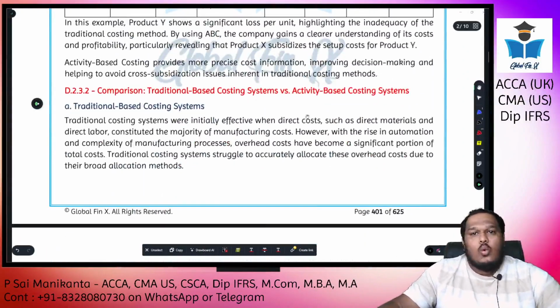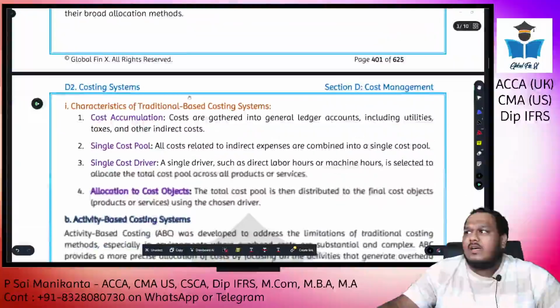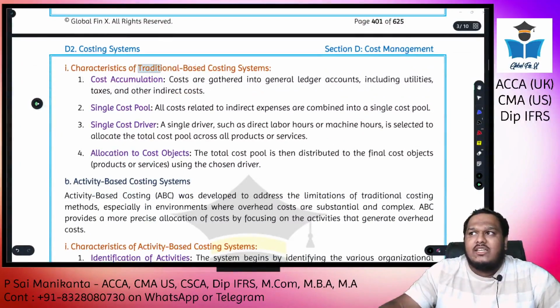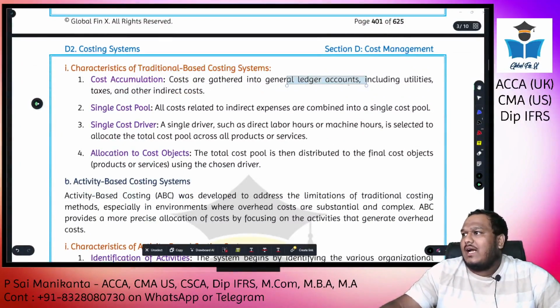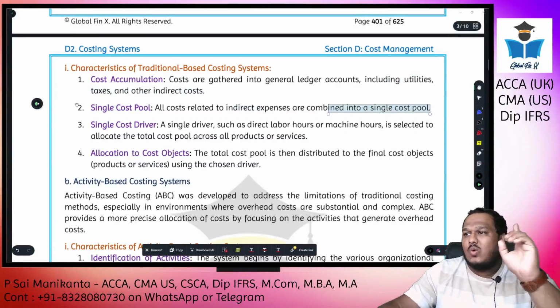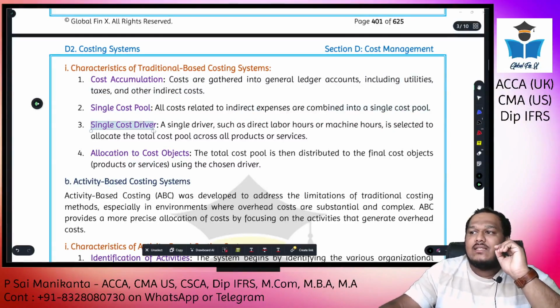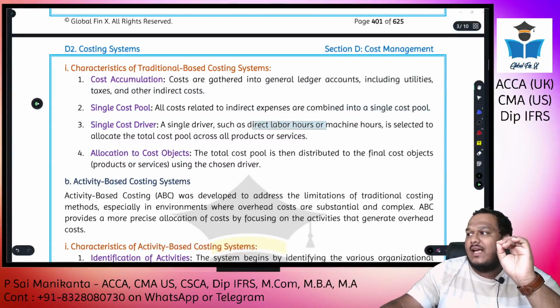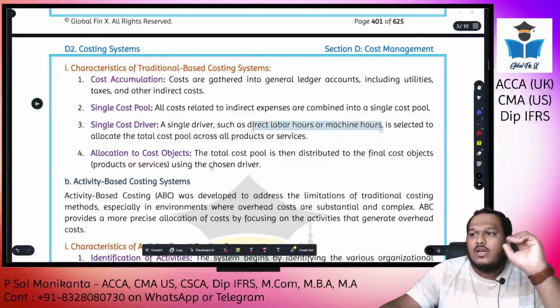Let's do one more. Okay, this comparison I have already explained you. So in case of a traditional based costing system, all the costs are gathered into GL accounts using utilities, taxes, indirect cost, like that. There is a single cost pool. All costs related to indirect expense are considered as one single expense, and thus there will be a single cost driver, either direct labor hours or machine hours or total number of units, and they are used to allocate to the cost objects.